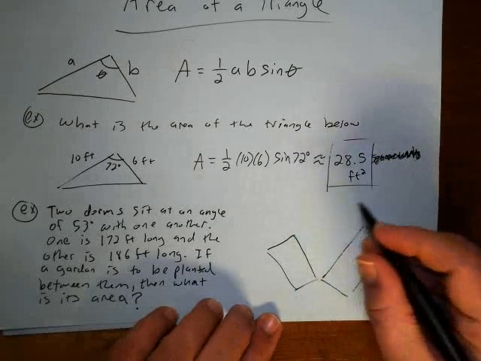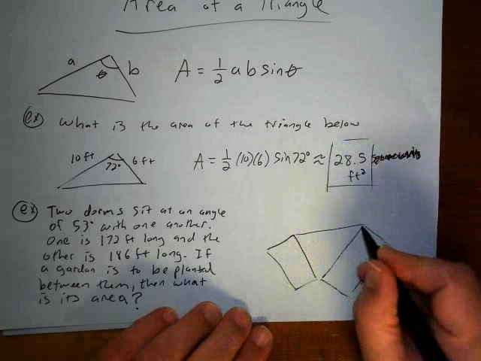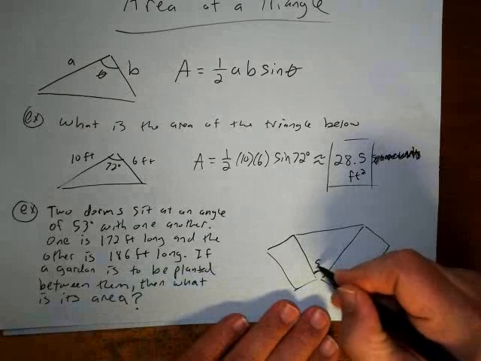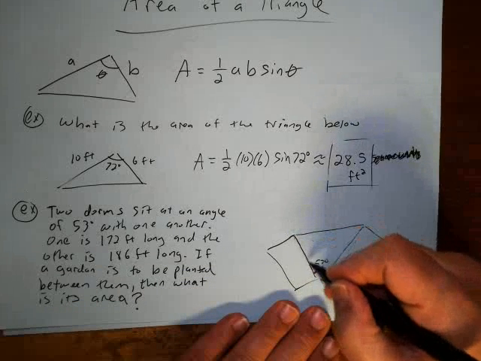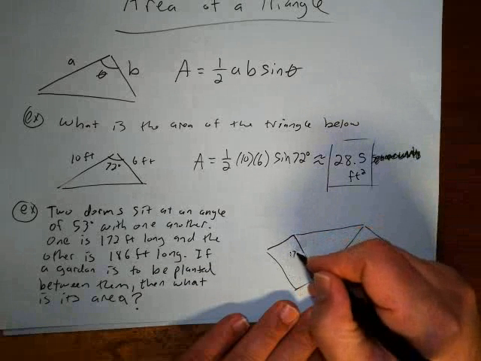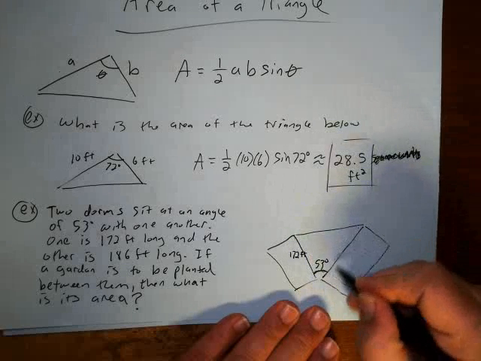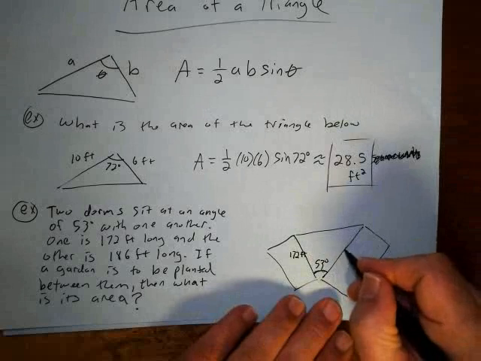It is 186 feet long. And so here is the triangle here. So this angle between the two dorms is 53 degrees. And so this side is the 172 feet. And this side here is 186 feet.